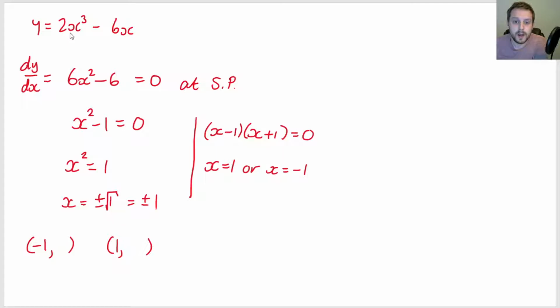So I need to do minus 1 cubed, which is minus 1, times 2, which is minus 2. 6 times minus 1 is minus 6, so I'll be on minus 2, and I'll be taking away minus 6, so that'll go up to 4. And then here I'll put 1 in, so that's 2, take away 6 is minus 4. So we have 2 stationary points: minus 1, 4, and 1, minus 4.